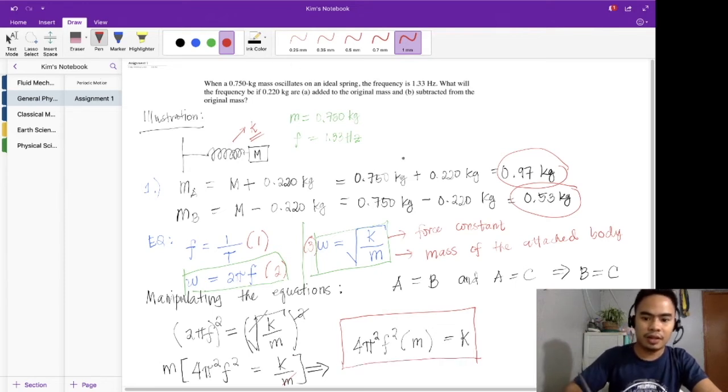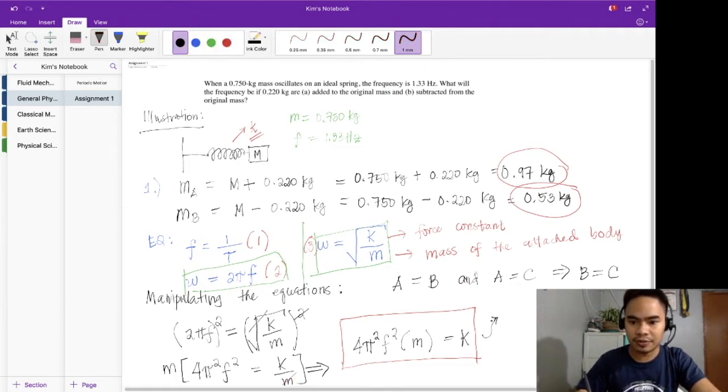So what you are going to do next is simply to plug in the values. From this one, k is equal to 4, of course, pi is simply a constant, squared, and then the frequency is the one given in the problem, 1.33 hertz, and you square that.